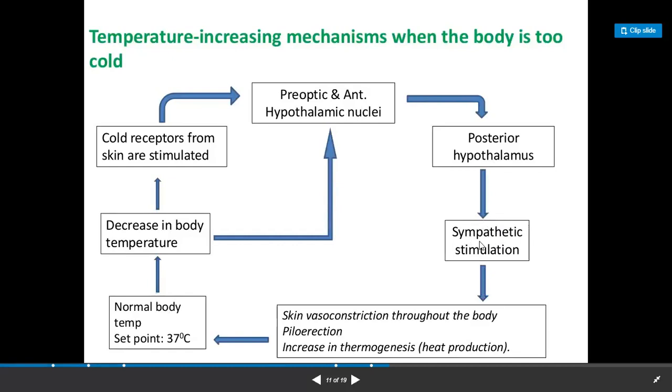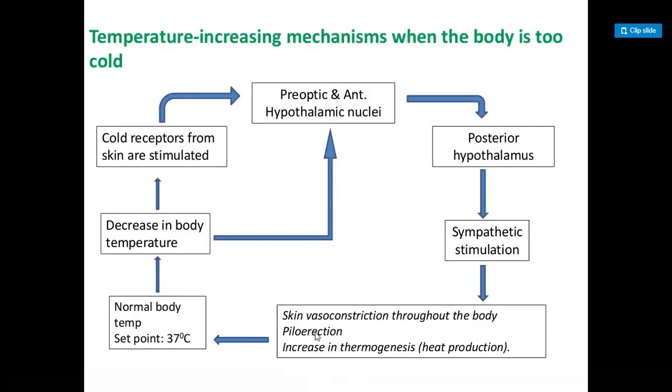thyroxine, yes? And all of these will lead to skin vasoconstriction to reduce blood flow to the skin, and piloerection, the hair of your skin, the goosebumps that you feel, where the hair will stand erect, to prevent heat loss from your body.